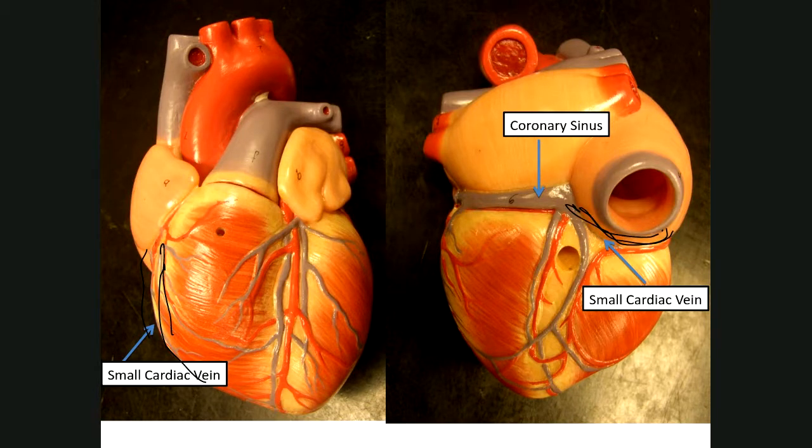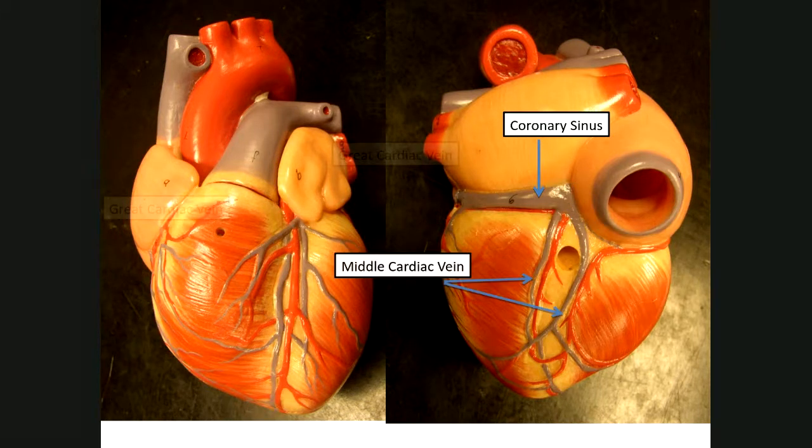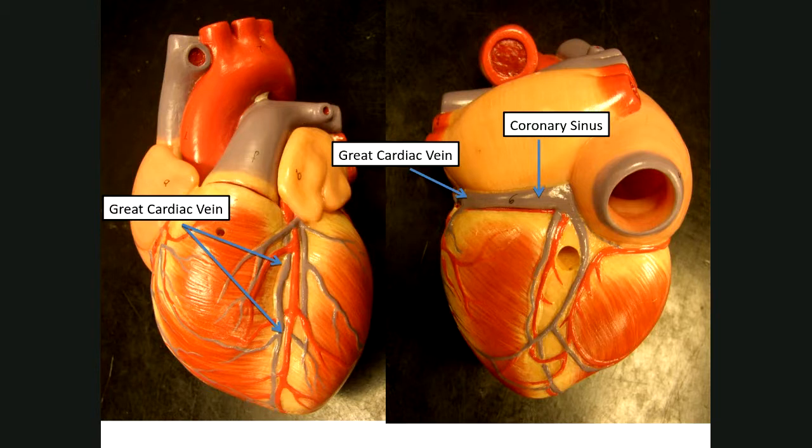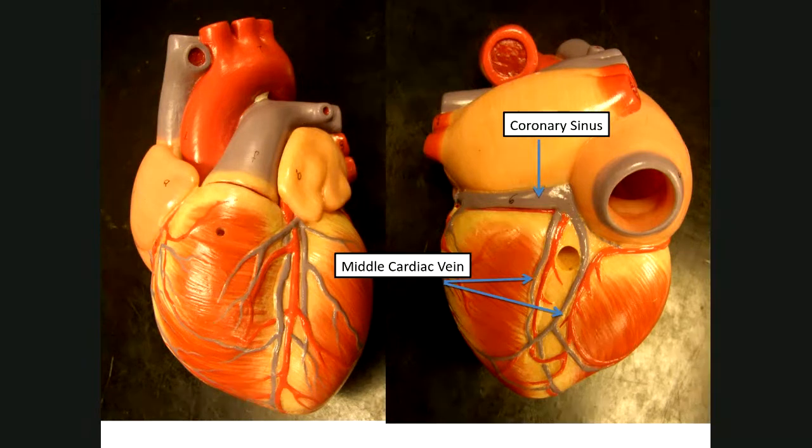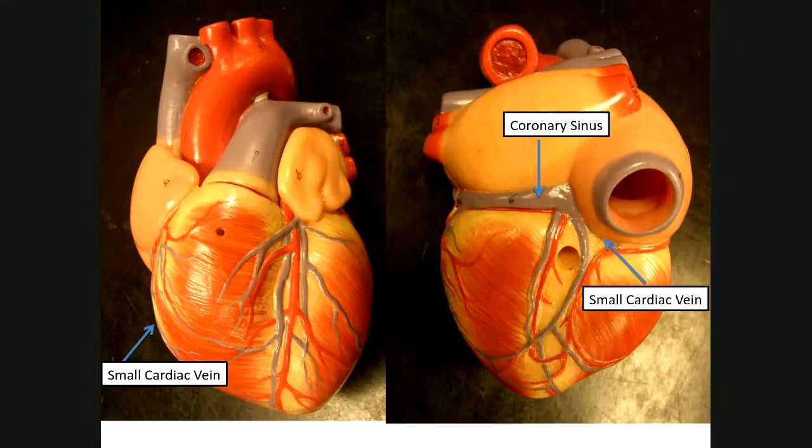And then remember, they're all going to empty into this coronary sinus. So the great is going to empty into the coronary sinus. The middle is going to empty into the coronary sinus. And the small is going to empty into the coronary sinus. And then that is going to empty into the right atrium.